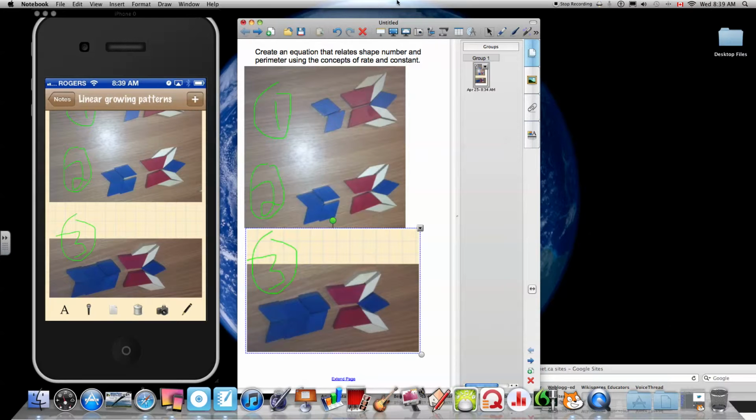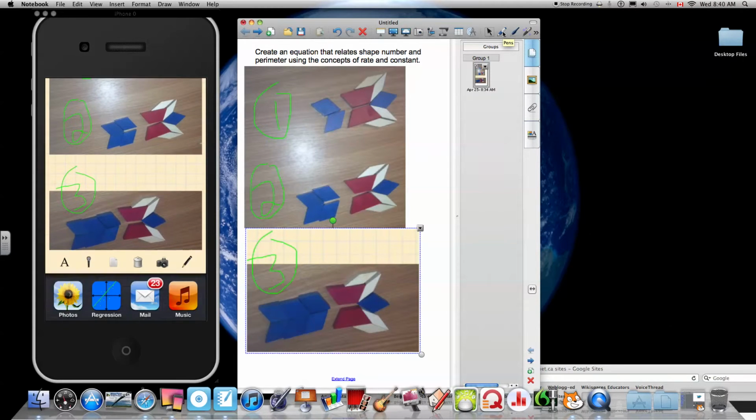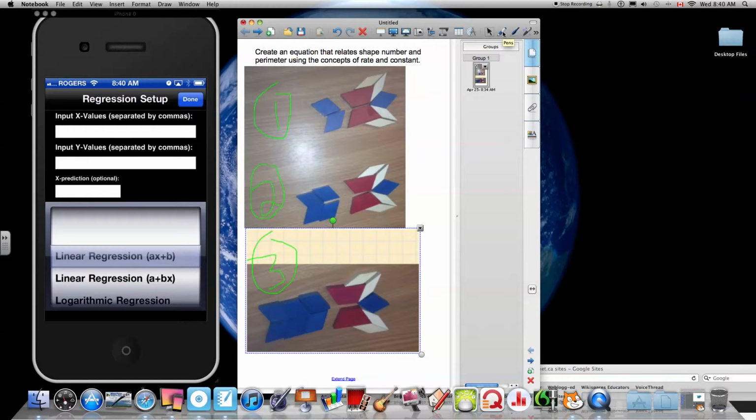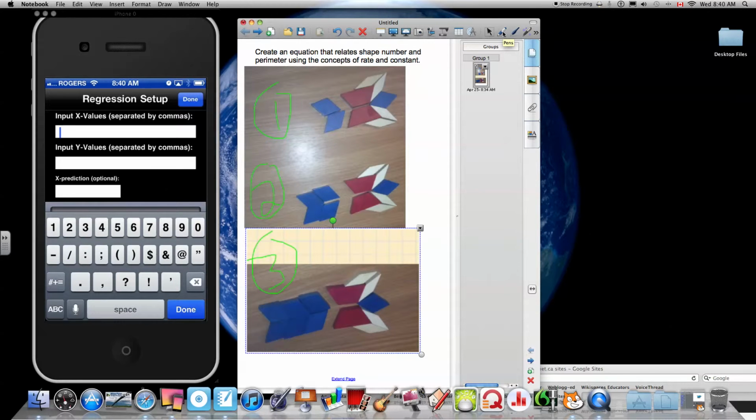As the kids did this, they used the Regression app to determine the equation that relates perimeter and shape number. So x represents shape number 1, 2, 3 for shape 1, shape 2, and shape 3.